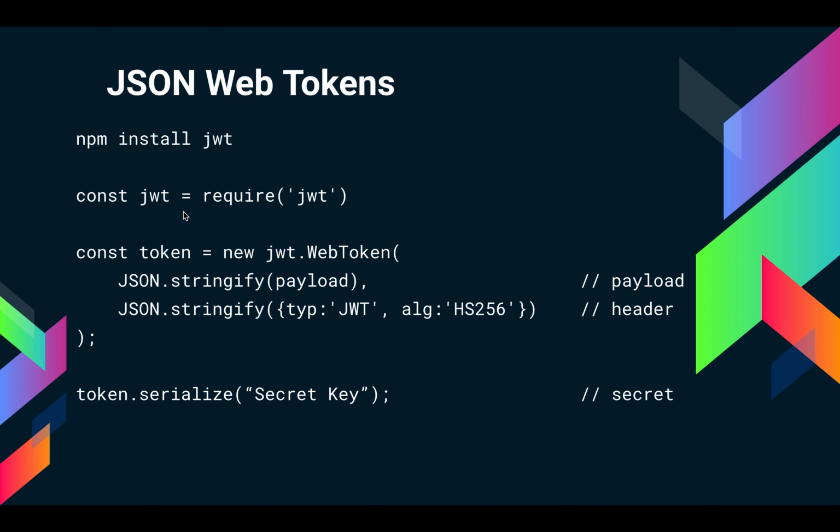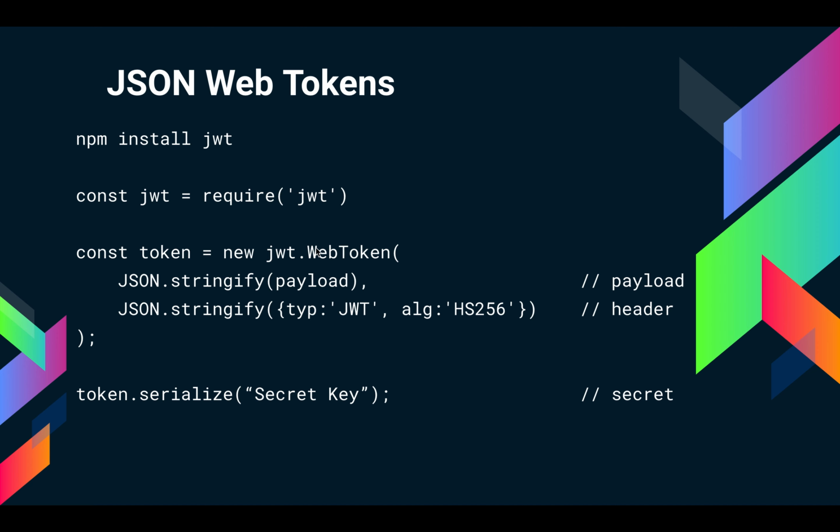So we require that JWT package. We create a token. We create a new jwt.webToken. So webToken is a class. Some of you haven't learned object-oriented programming yet. Some of you don't really know what a class is, but I think you've probably used the new keyword already, possibly, to create dates and things.